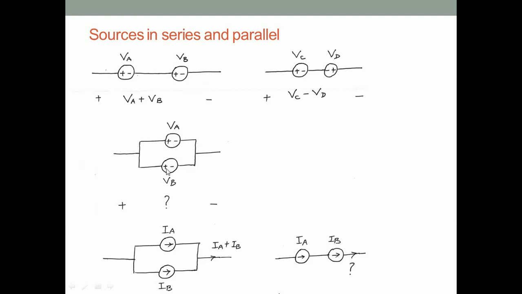Kirchhoff's voltage law says that the sum of voltages around a closed loop is zero. It is not zero. And when you violate Kirchhoff's law, you get infinities. So here you will get an infinite current. Here God only knows what happens, but don't ever do this. Alright. Okay. So that is this lecture.